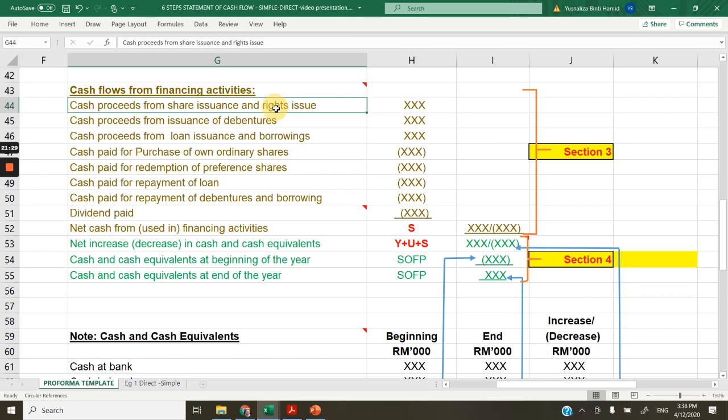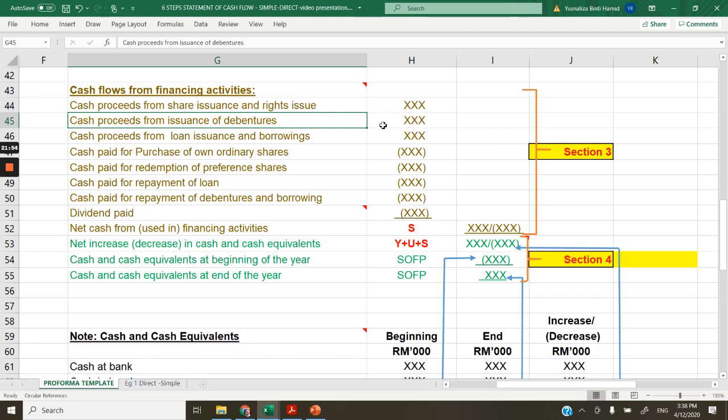The rights issue is going to be your inflow. You are interested to know what is the amount that is debited to the bank account and credited to the share capital account. What is the one that gives the cash receipts? What is debited to the bank account and credited to the debenture account, which is at the fair value.